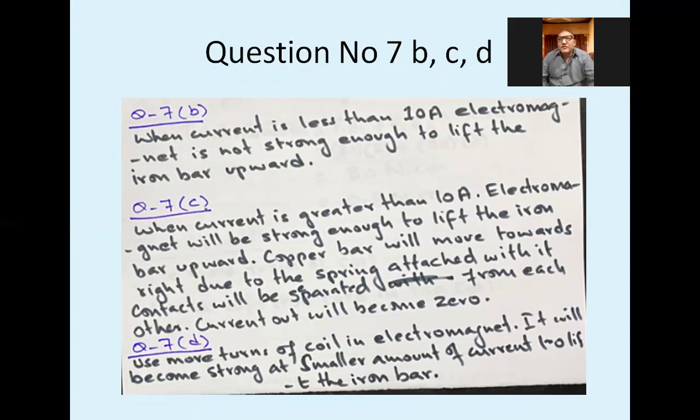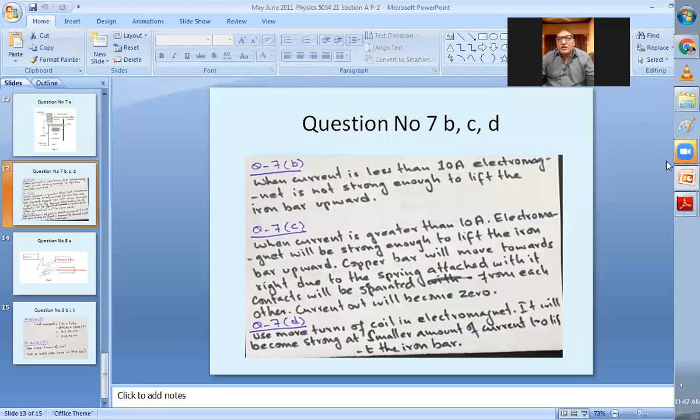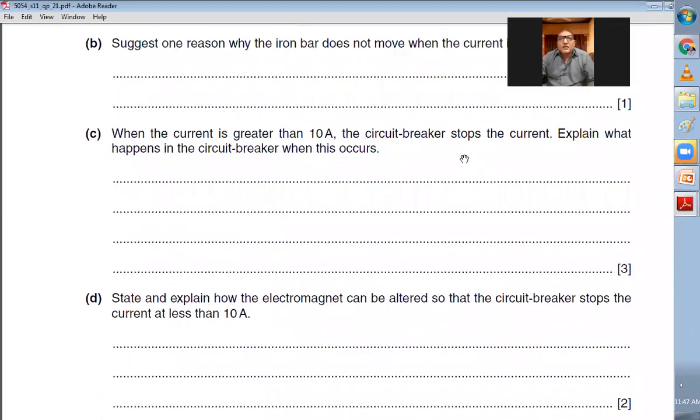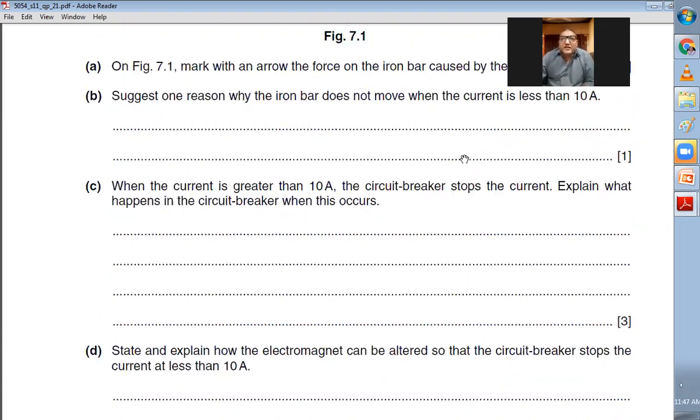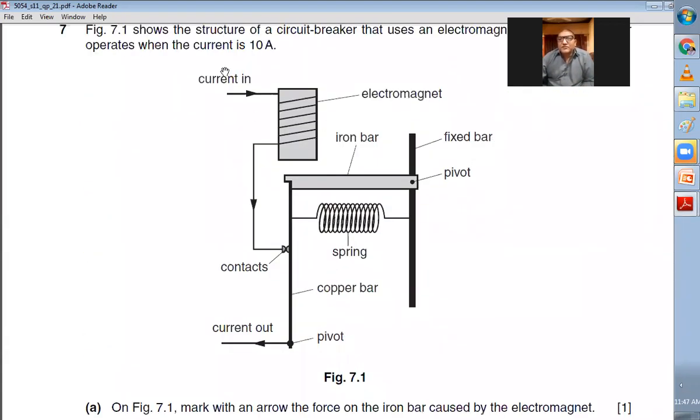And you see, the next part is, he says when the current is greater than 10 ampere, the circuit breaker stops the current. Explain what happens to the circuit breaker when this occurs. Let me explain to you.